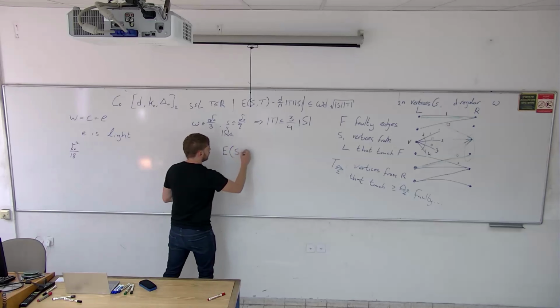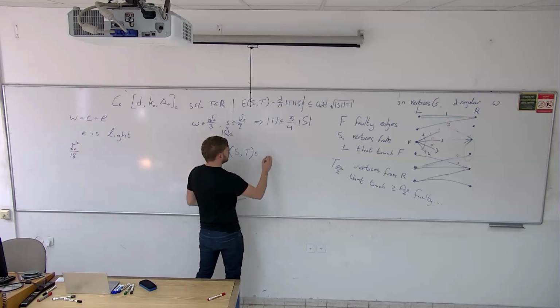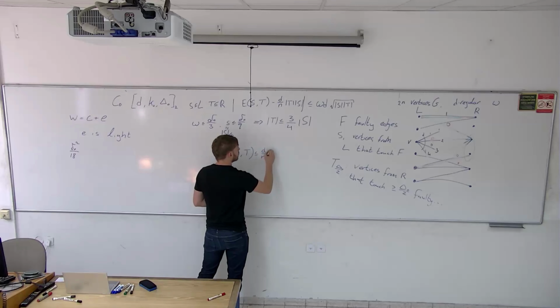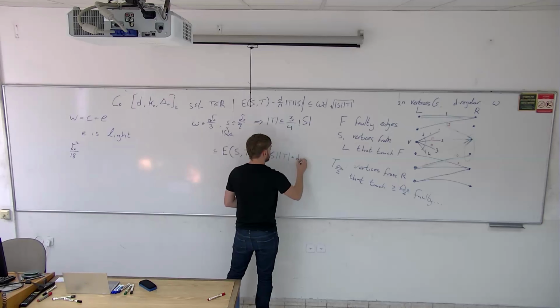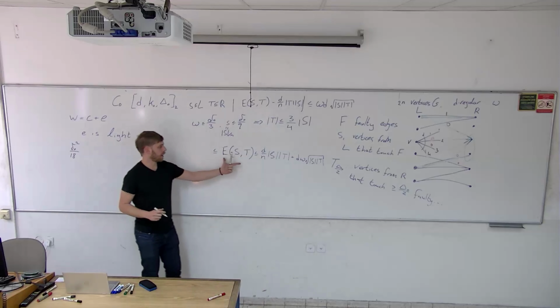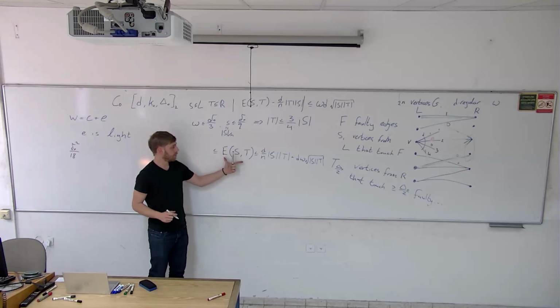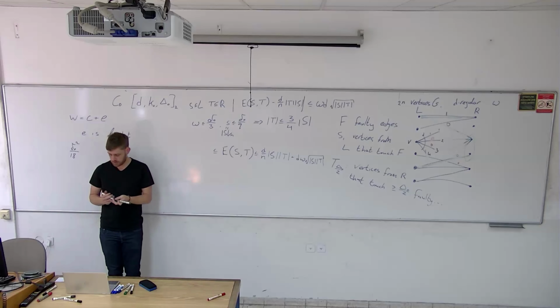So we'll use the expander mixing lemma. E(S,T): on the one hand, you use the lambda over N, size of S, size of T, plus the omega, and so on. And from the other side, how can we bound from below the number of edges?